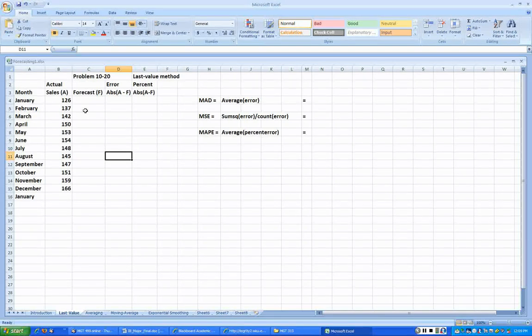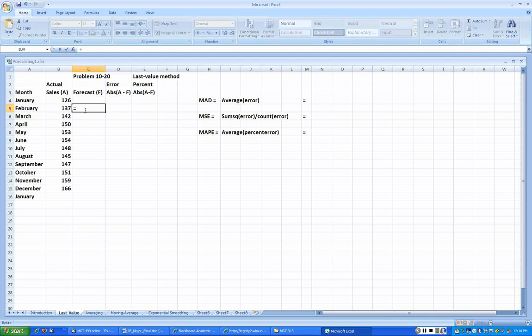For example, if I sold 100 units of a particular product by the end of the day, then my forecast for tomorrow would be similar to today, 100 units. That's what I would plan for. That is the simplest method, the last value method, also called the naive method, N-A-I-V-E.